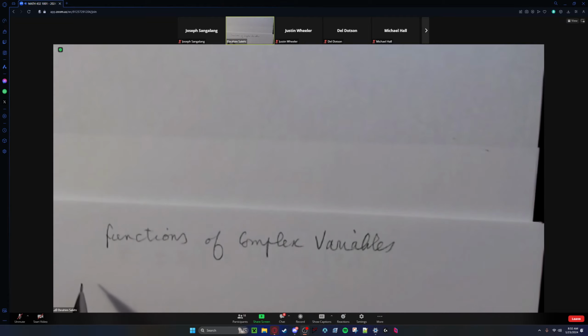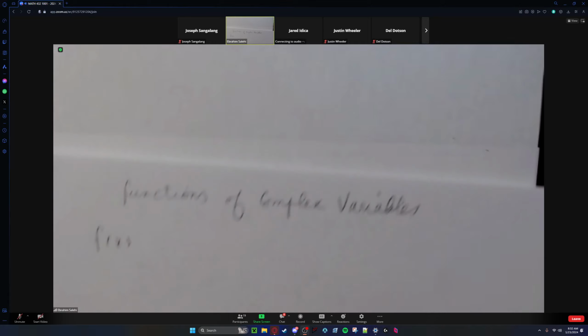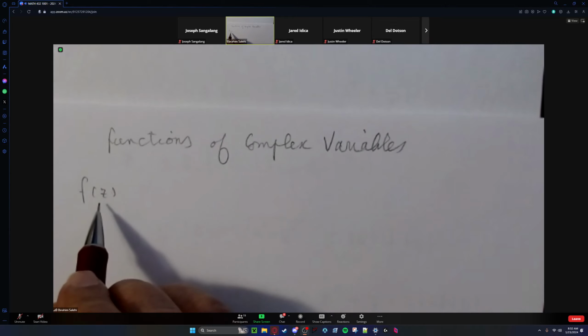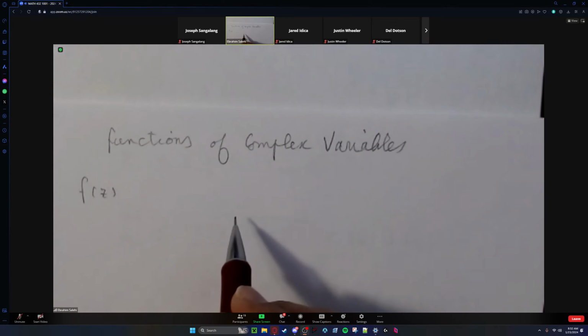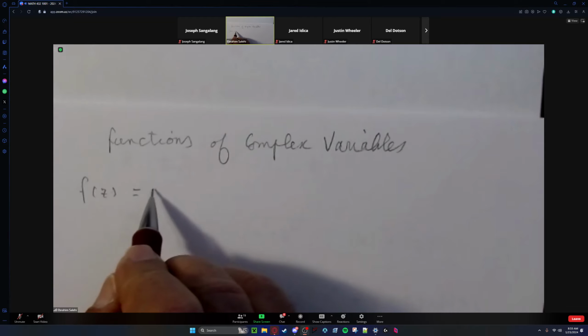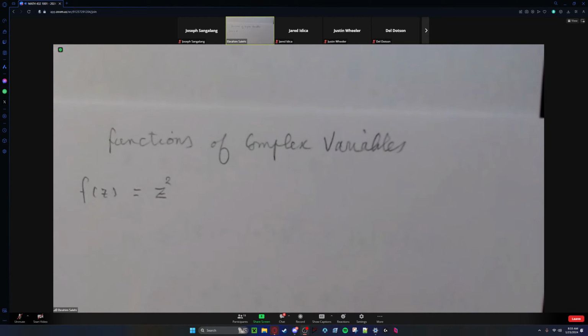So here's one, f of z. Now, in calculus, you had f of x. x was a real number. But here, we are going to have an expression in z, and z is a complex number. Make it very simple. Here is a very simple one, z squared. Okay?